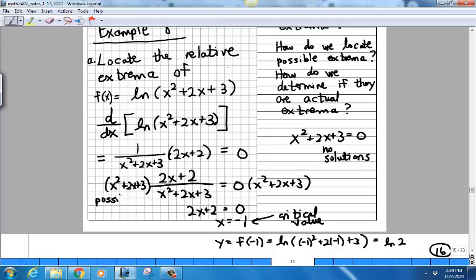Now, since we already made the graph, we already know that that really is a turning point. But if we play dumb here, if we weren't looking at the graph, then all we would know at this point is we have a possible turning point at minus 1 and natural log of 2. By the way, how much is natural log of 2?